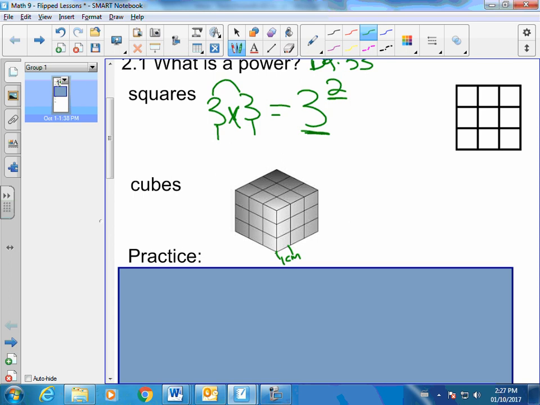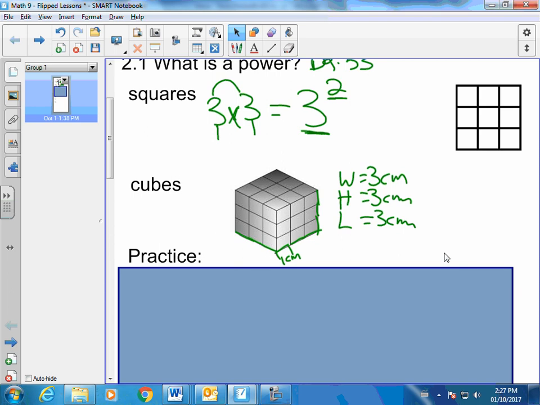Okay? Since we have 1, 2, 3 on this side, we will call that our width, 3 centimeters. We have another 2, 3, we'll call that our height, is another 3 centimeters. And we will say that our 2, 3, our length is also 3 centimeters.